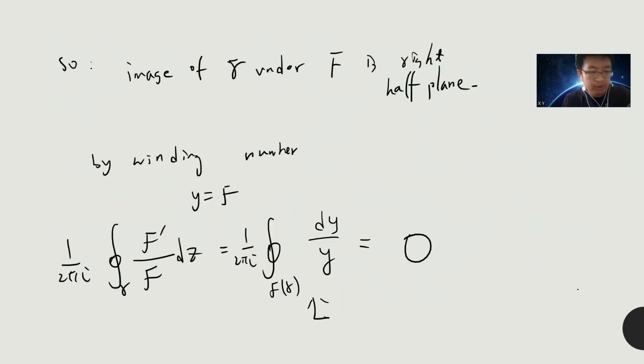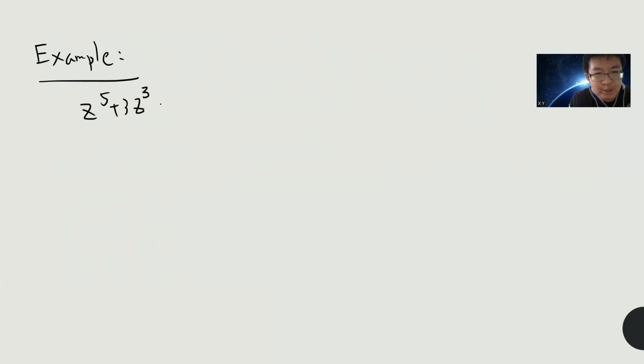Okay, so this is Rouche's theorem. Let me just give you some examples. I think the proof is difficult, but the examples are simple, and we can still try to play around with some simple examples. This is like some undergraduate exercise.